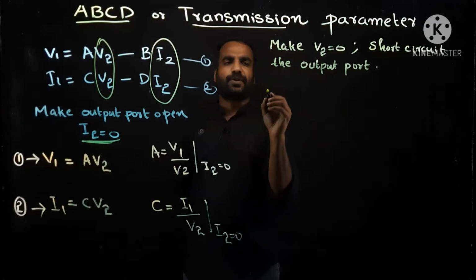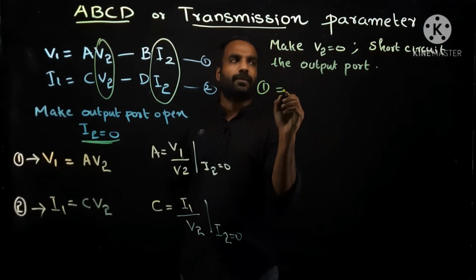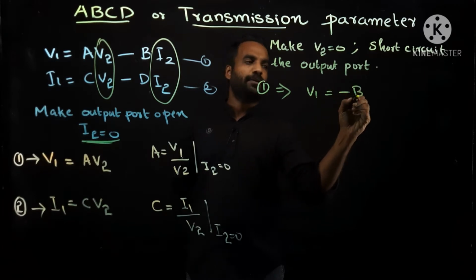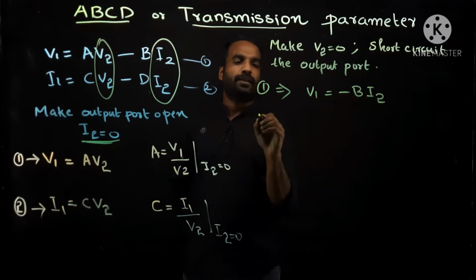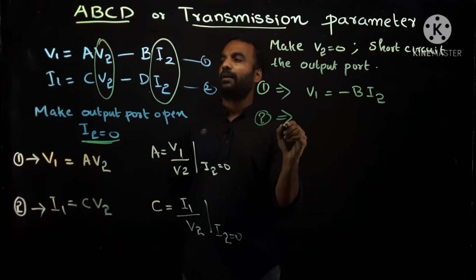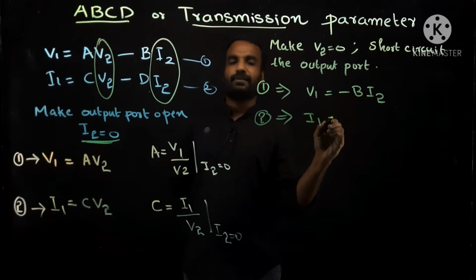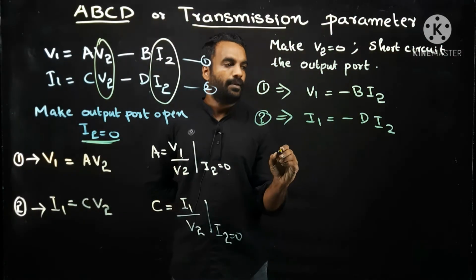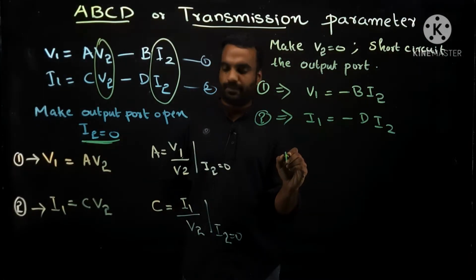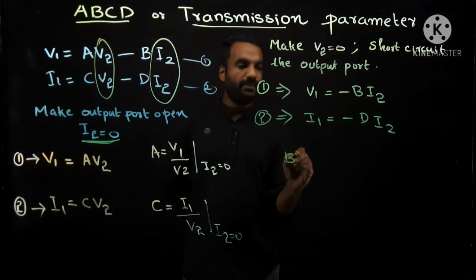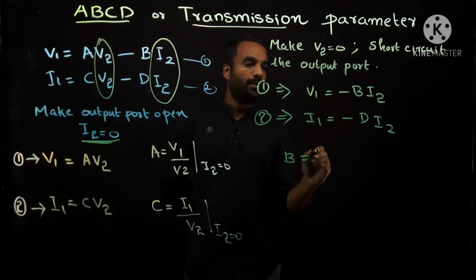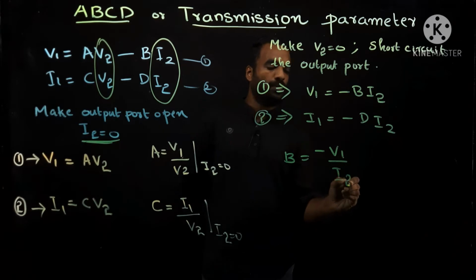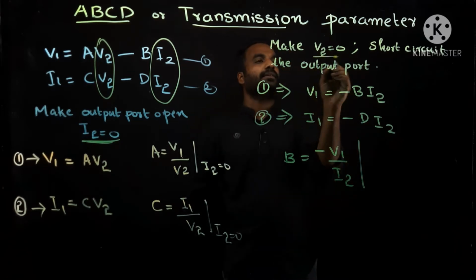So what will be the equations? Equation number 1 will become V1 is equal to minus B I2, and equation number 2 will become I1 is equal to minus D I2. From this, B is equal to minus V1 by I2 at, what is the condition?